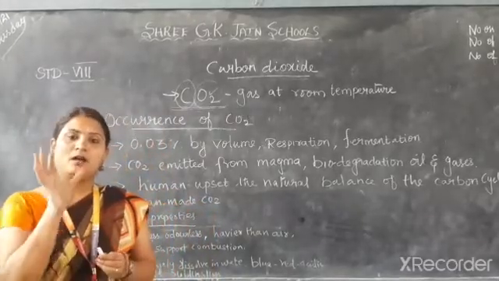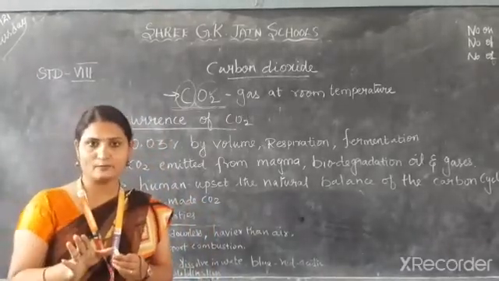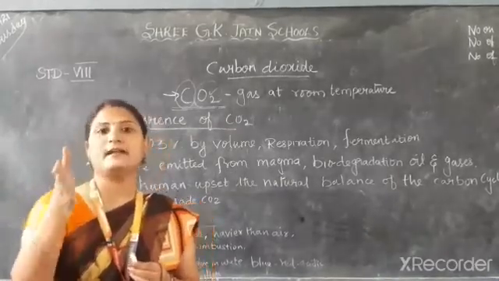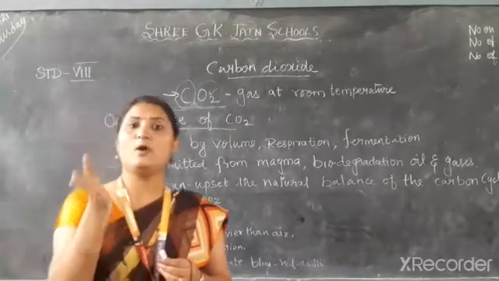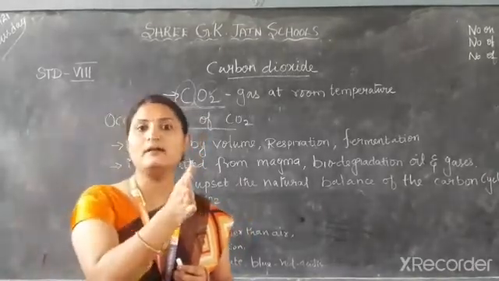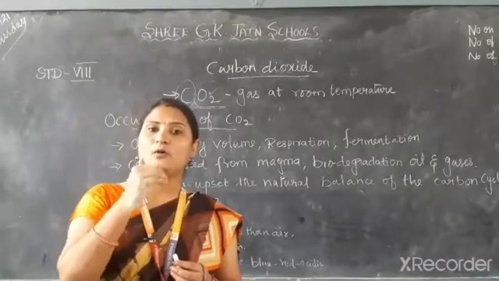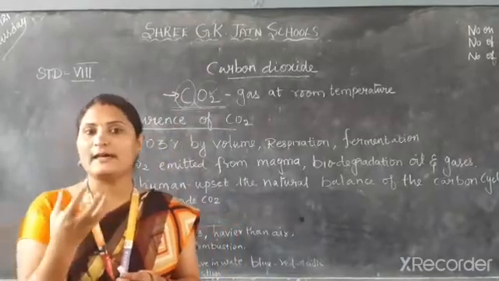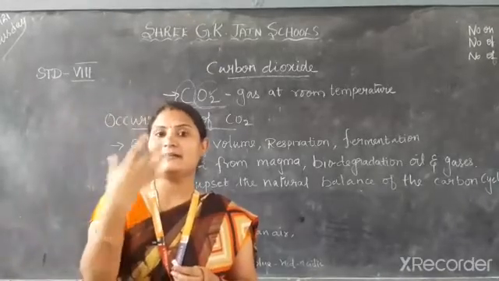See, CO2 is useful, but only in the correct amount. It is present in the correct proportion. But if the CO2 level crosses beyond the particular ratio, it will affect the environment. The warmness of the earth will increase.